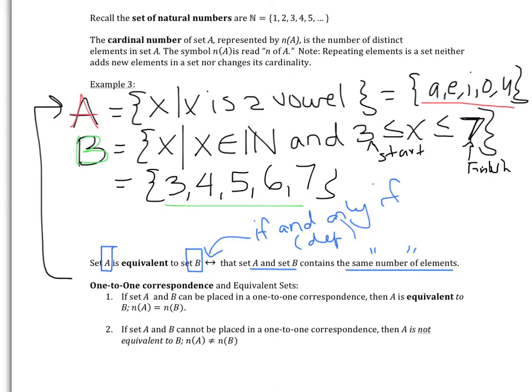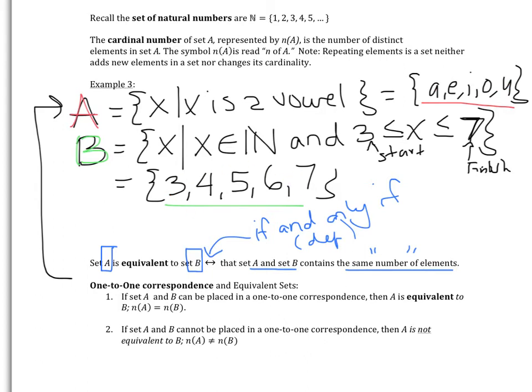So notice the same number of elements: A, E, I, O, U has 5 elements, and 3, 4, 5, 6, 7, those are 5 elements.